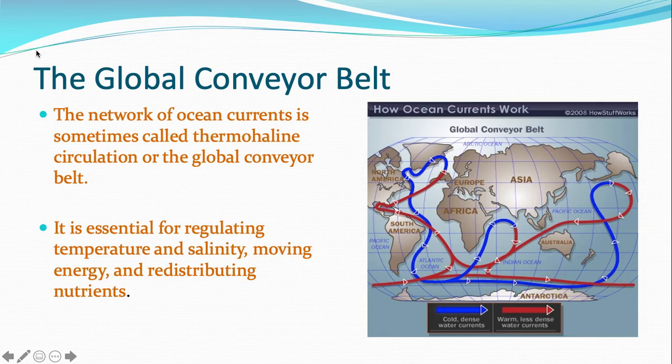Some seawater is saltier than other seawater, and so increased salt content also makes seawater more dense. So that influences the nature of this circulation. This whole global conveyor belt is essential for regulating temperature and salinity, moving energy, and redistributing nutrients.